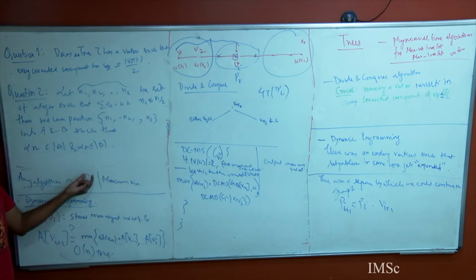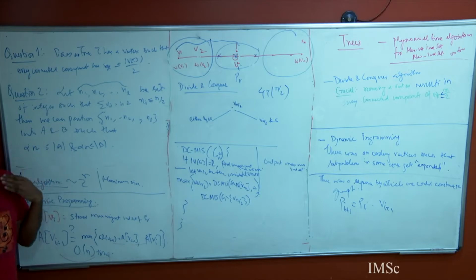Because if both are at least alpha n, then automatically you also have an upper bound on what A is, 1 minus alpha. Okay? So these two conditions.